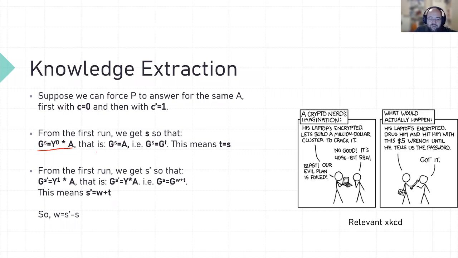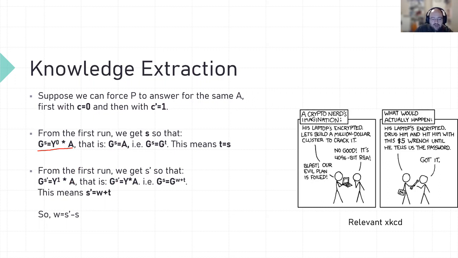So what this means is that g to the s is a, which means that we know the value t that went into making a. So we know that a is actually g to the s. Now for the second run, we have changed the challenge from c equals 0 to c prime equals 1, and the prover will probably give us some new solution s prime, such that g to the s prime is y to the new challenge, which is 1, times a.